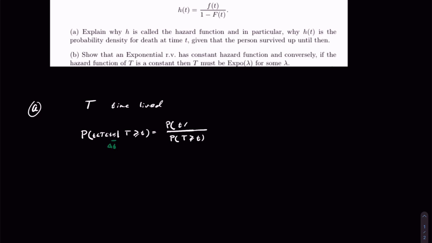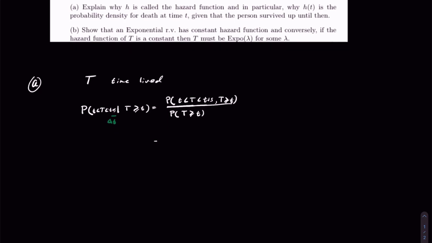So we have T greater than or equal to t plus s, and the conditional here is we know that this individual has lived up until t, and so we're going to transform this expression further by realizing here that this particular event is already encompassed into that one here, right?